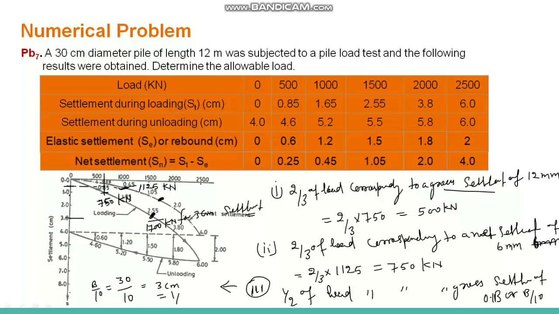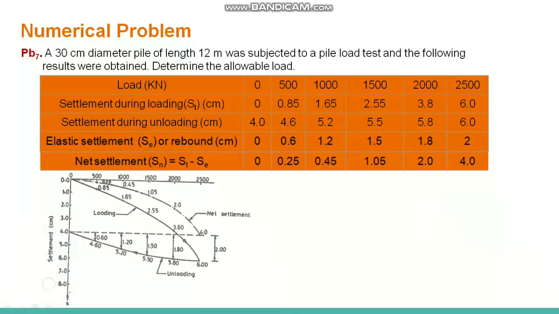So half of the load will be half into 1700, so it will come 850 kilonewton. So safe load will be the minimum of these three. Minimum of one, two, three. What was the first? That is 500 kilonewton.